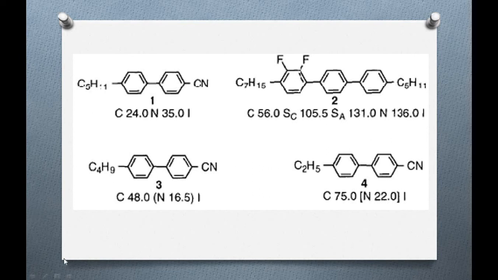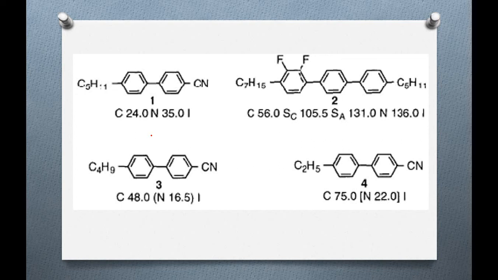So you can see that it is written C24N35I. Okay, what does it mean? With every liquid crystal you see certain kinds of those numbers written. Let us try to understand this, and from that we will understand what is monotropic and what is enantiotropic material.